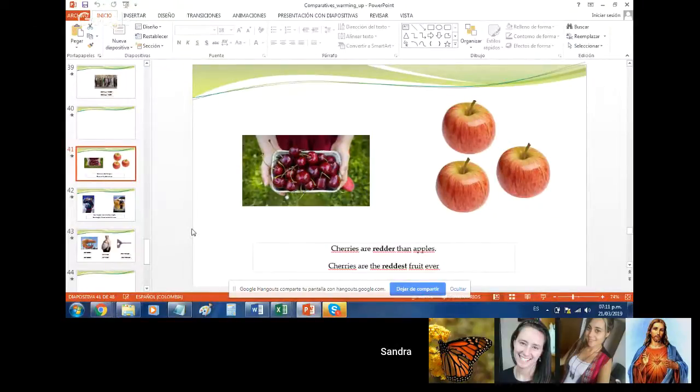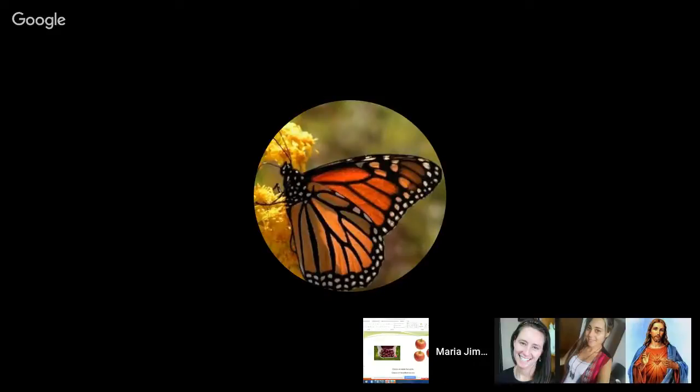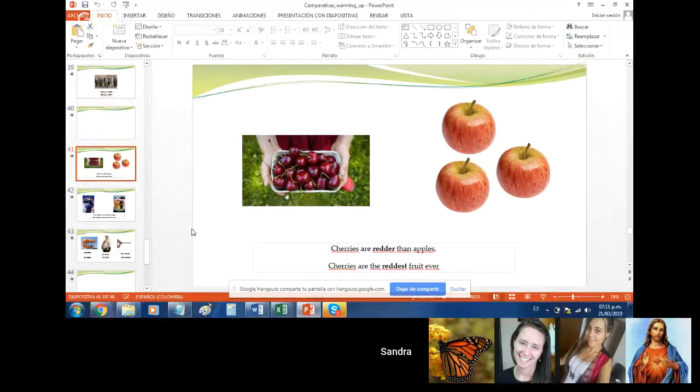Okay, we can say, for example, in terms of colors, there are a lot of colors that we need to put the particle the more or the most. For example, orange. For example, bees are more orange than grapes. We need to use that particle more in those kinds of colors.